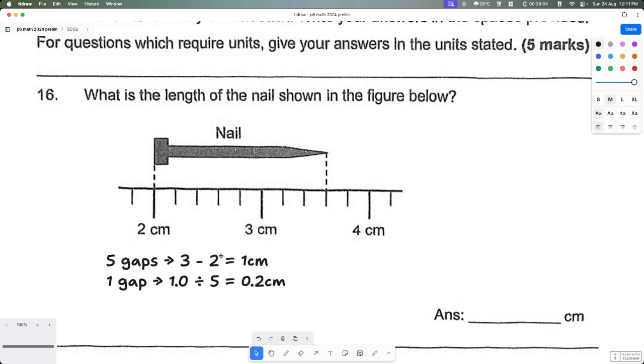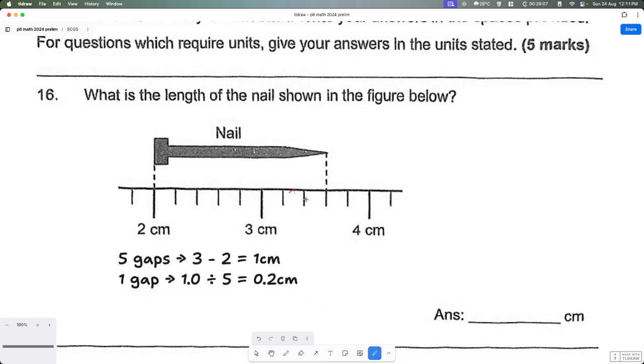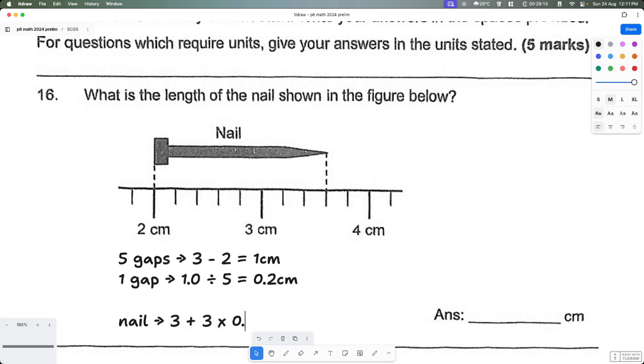In this case, it has 1, 2, 3 gaps. So that means 3 plus 3 times 0.2, which is 3 plus 0.6, which is 3.6 in this case.